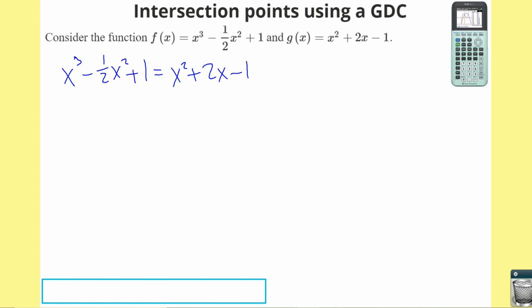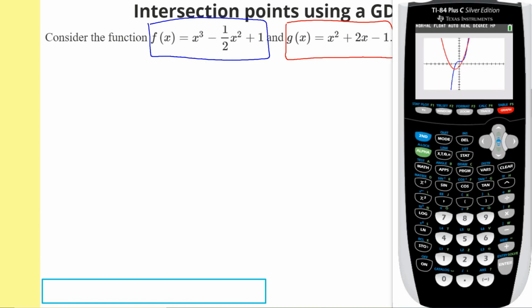We can do the intersection. So I want you to put these into your calculator. So put that as y1 and put g of x as y2. Okay, so I put those into my calculator. The blue equation matches the blue graph, red equation matches the red graph. So I kind of want to see a little bit closer because it's hard for me to see what's going on.